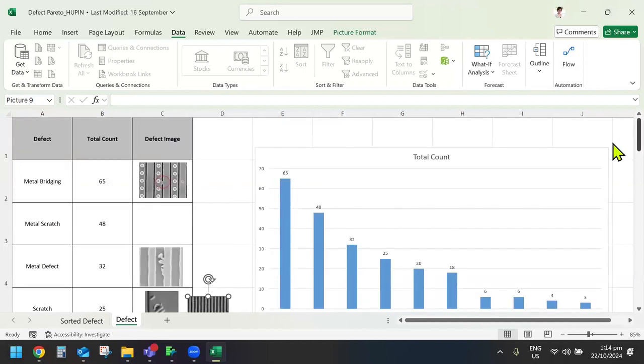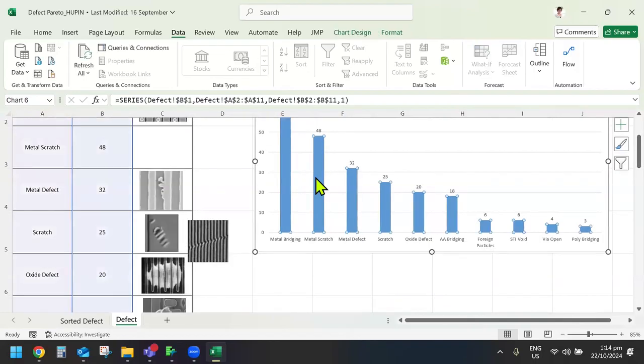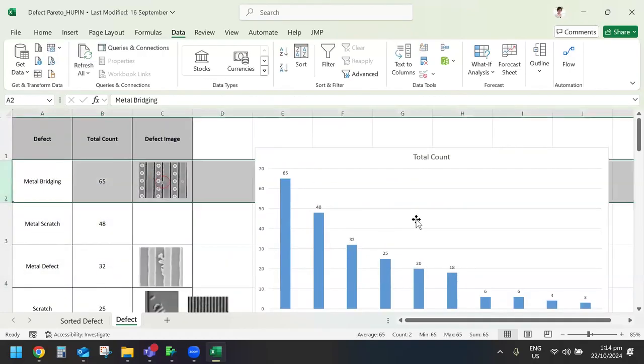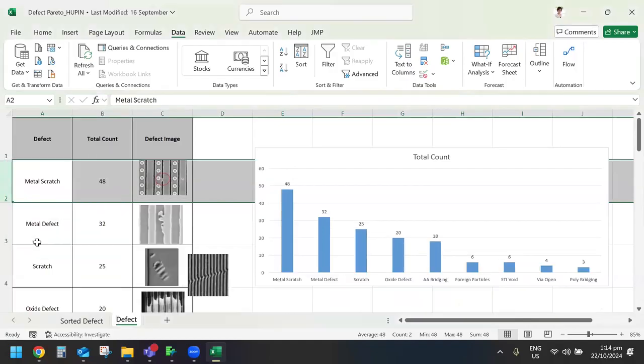Another thing: let's say after the DMAIC project, our team is able to solve the metal bridging, which seems to be the top one. Let's say you lost that contributor. Now I do my second Six Sigma project. I will delete this defect because I already fixed it. No more metal bridging, so I try to delete it.